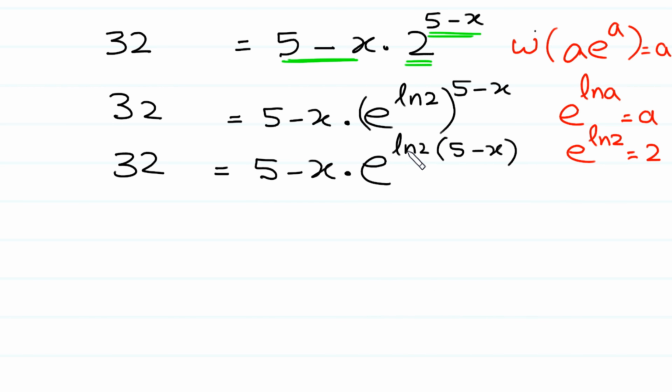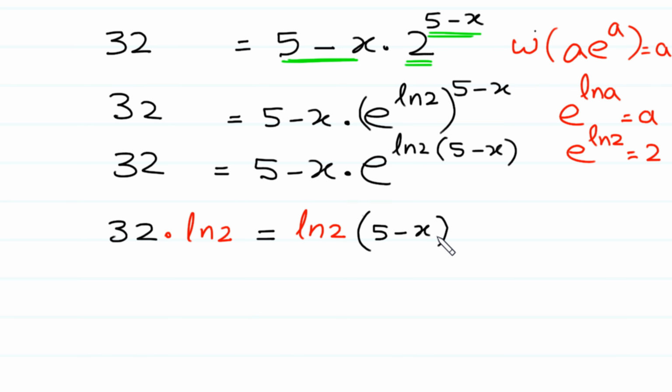Now we have here power ln of 2 times 5 minus x. To make this 5 minus x same as this, we multiply both sides by ln of 2. Like this, 32 times ln of 2 is equal to ln of 2 times 5 minus x times e to the power ln of 2 times 5 minus x.